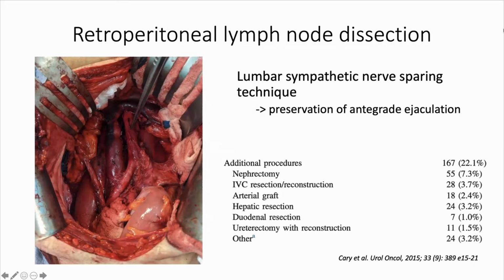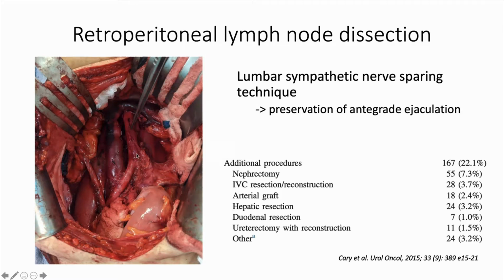RPLND is still very much an open major abdominal operation. And in Vancouver, our full bilateral template spans from the renal hilum to the common iliac vessels, and from the right ureter to the left one.